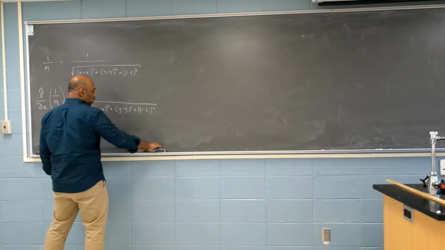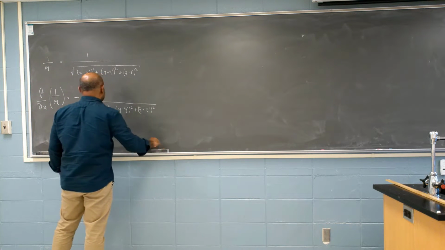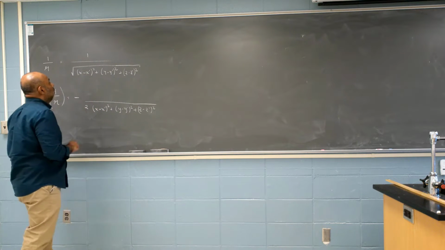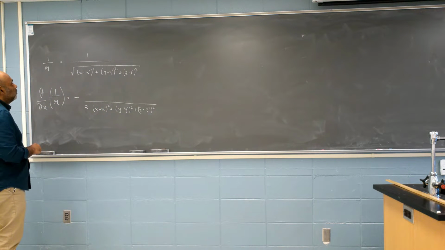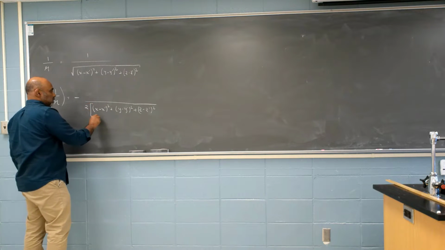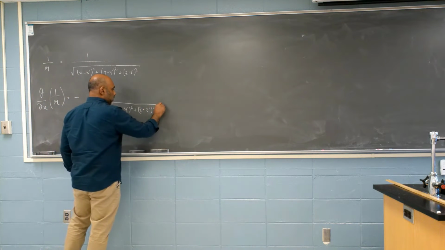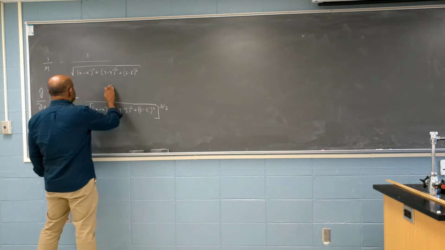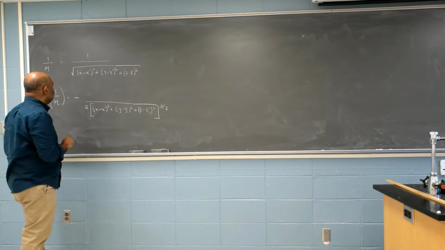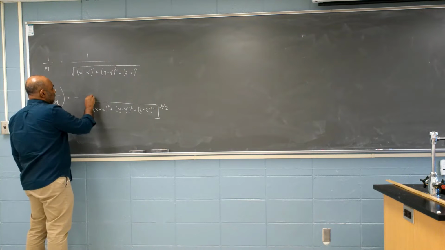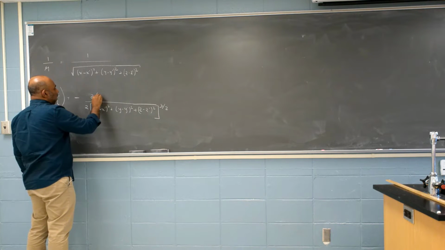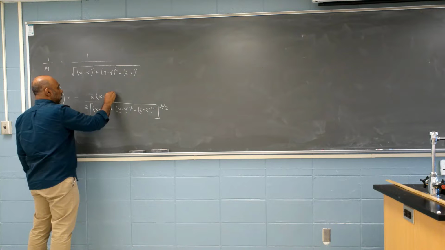Oh, not square root, this is minus 1/2, minus 1 is minus 3/2, times the derivative of this with respect to x, so I get x minus x prime.